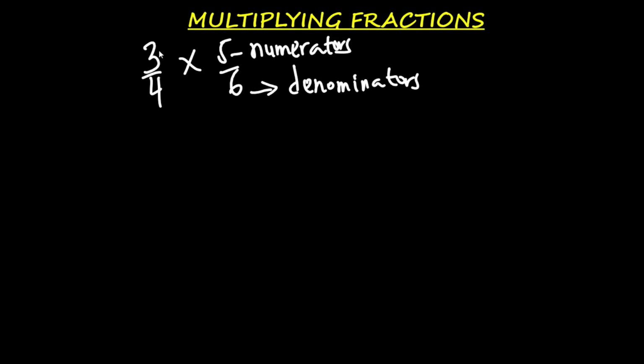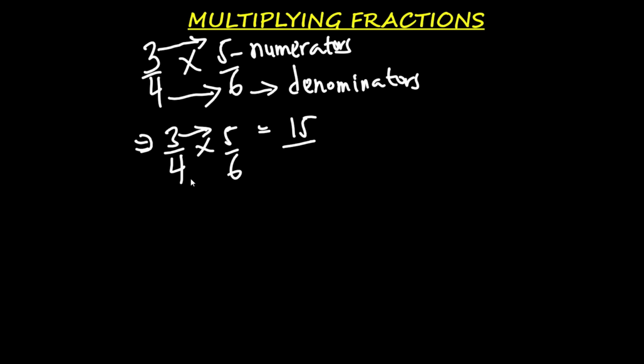So we have to multiply the 3 and the 5, and also multiply the 4 and the 6. So we just come down, 3 over 4 times 5 over 6. What's 3 times 5? 3 times 5 is 15, and 4 times 6 is 24.